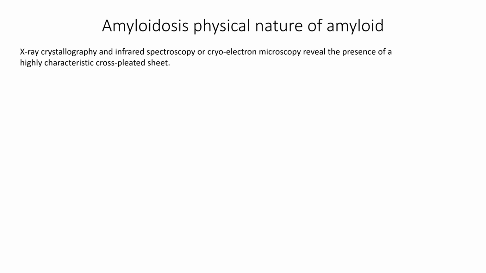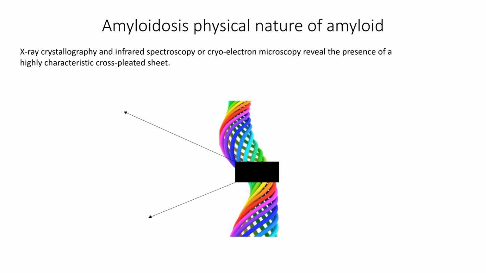What is the physical nature of amyloid? Amyloid proteins adopt a beta sheet configuration where the protein strands, extended segments, align side by side, connected by hydrogen bonds between the NH and CO groups of adjacent residues. This arrangement forms an anti-parallel beta sheet.